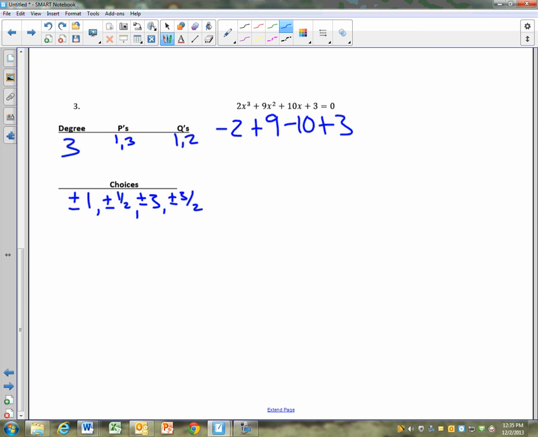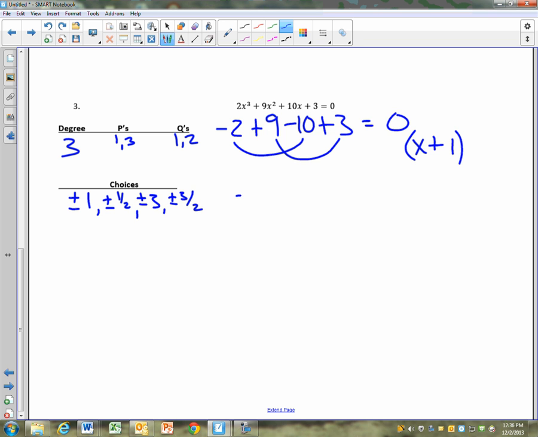So you get negative 2 plus 9 minus 10 plus 3. You can see that gives you a negative 12 and a positive 12, which make 0. So if negative 1 is a solution, what's the factor? X plus 1. So therefore, you know that this polynomial divides evenly by x plus 1.